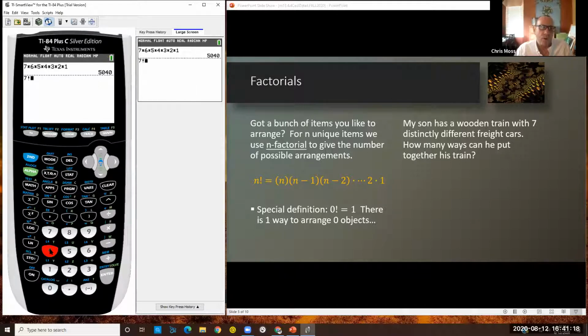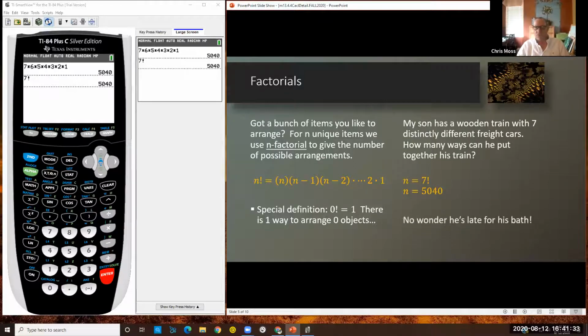Number 4 is the factorial operation. I'll hit enter, and I get that 5,040 possible arrangements. So, 7 factorial is 5,040. Well, it's no wonder he's late for his bath. He's very, very busy putting all his different trains together in all the various unique ways.